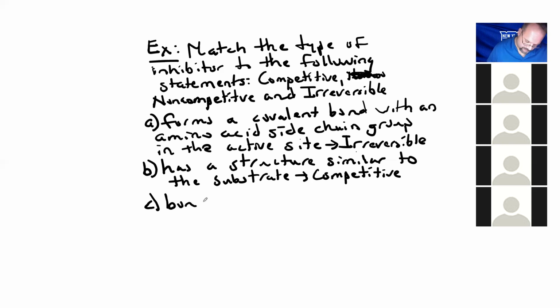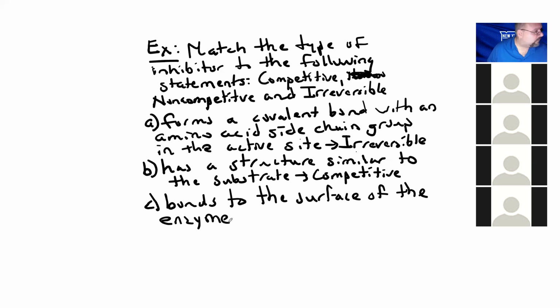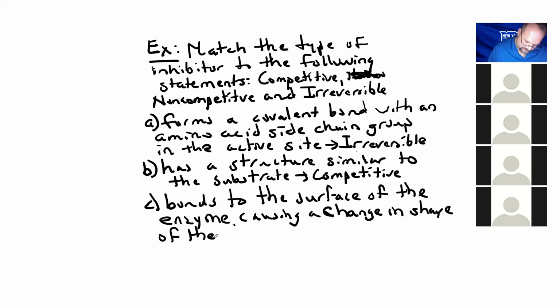All right. Letter C: bonds to the surface of the enzyme, causing a change in shape of the enzyme and subsequently the active site.